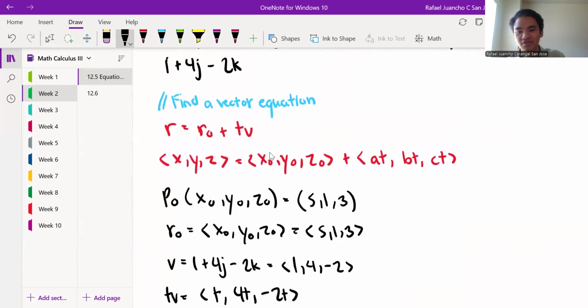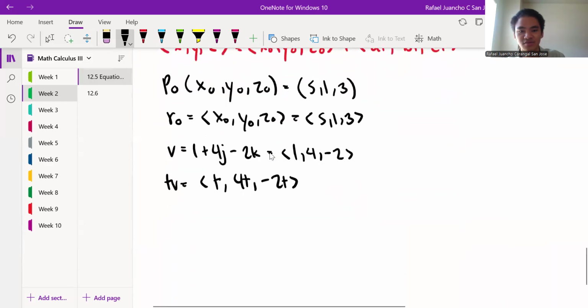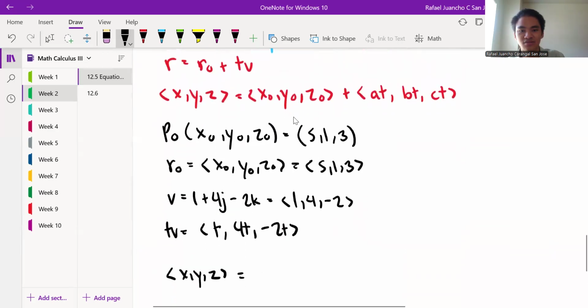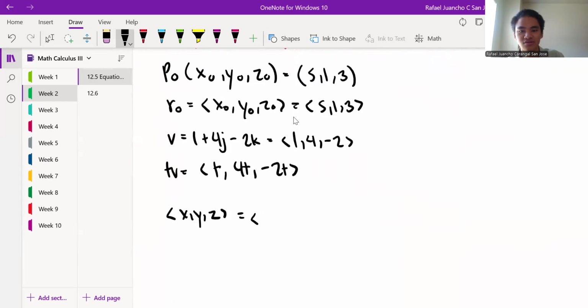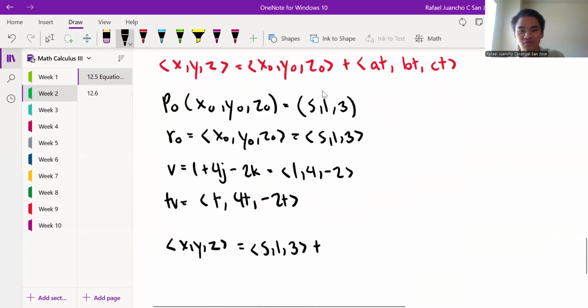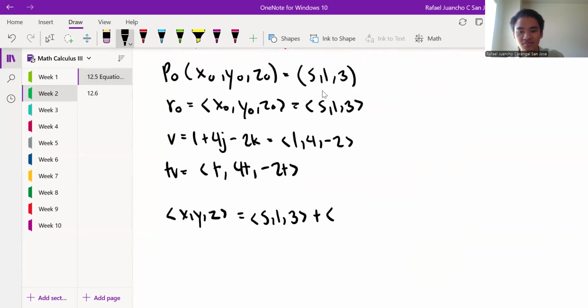And so our vector equation is going to be x, y, z, which is x naught, y naught, z naught, adding it to tv. So t, 4t, negative 2t. And that's that.